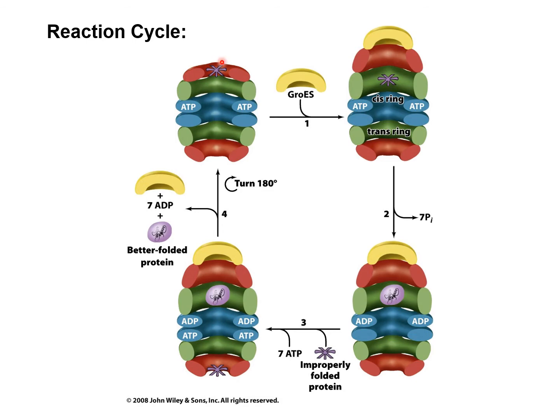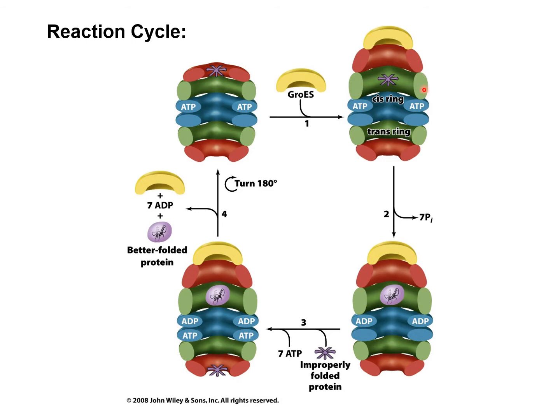Once a misfolded protein is introduced into this cavity, GroES, which works as a cap, is placed on the top of this GroEL complex. Now it seals in, and that induces conformational changes. You can see that it is a little bit expanded here to better fit this misfolded protein.